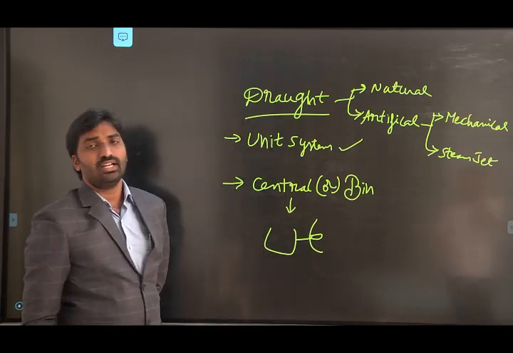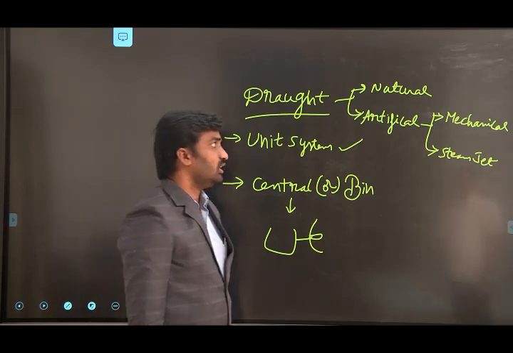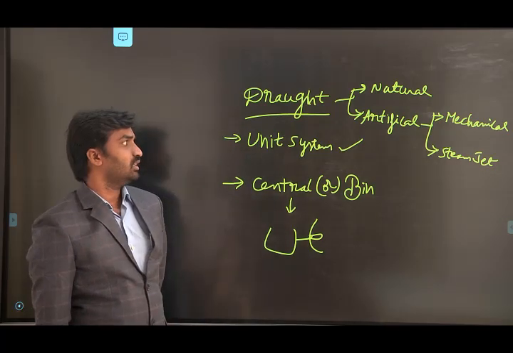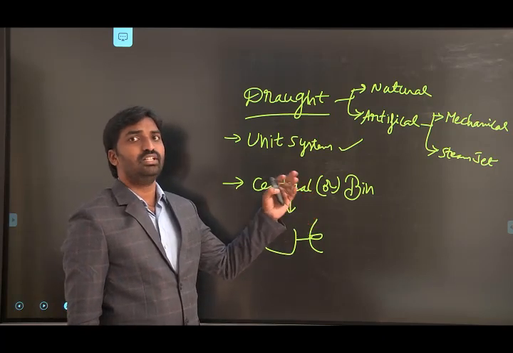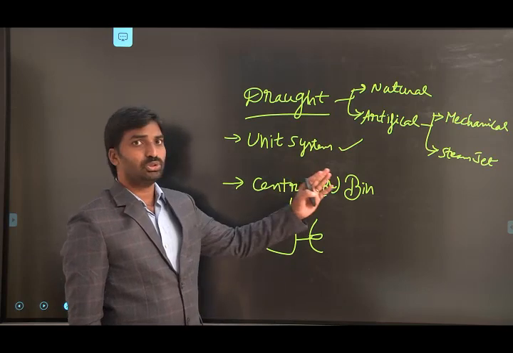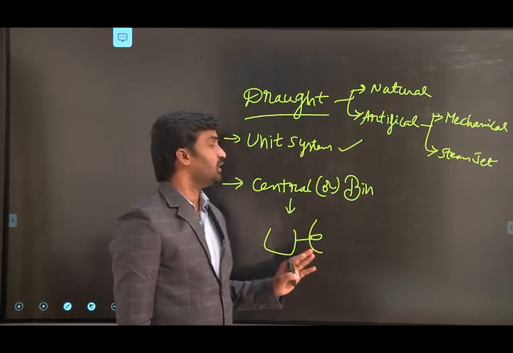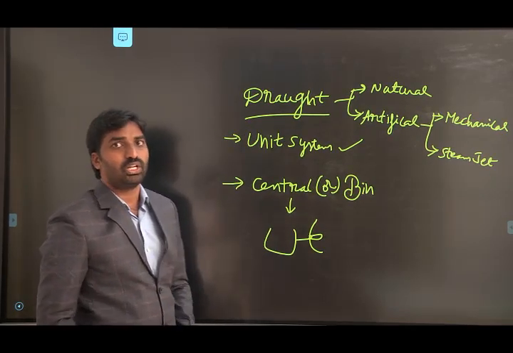In the mechanical draft system, three methods are available: forced draft, induced draft, and balanced draft. In the steam jet, also two types: induced draft and the balanced draft system. So these are the different types of draft system. Okay, thank you.